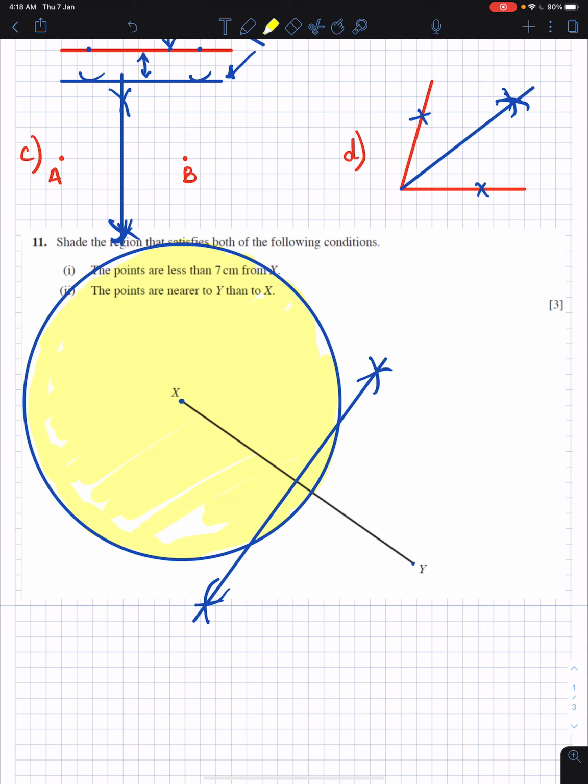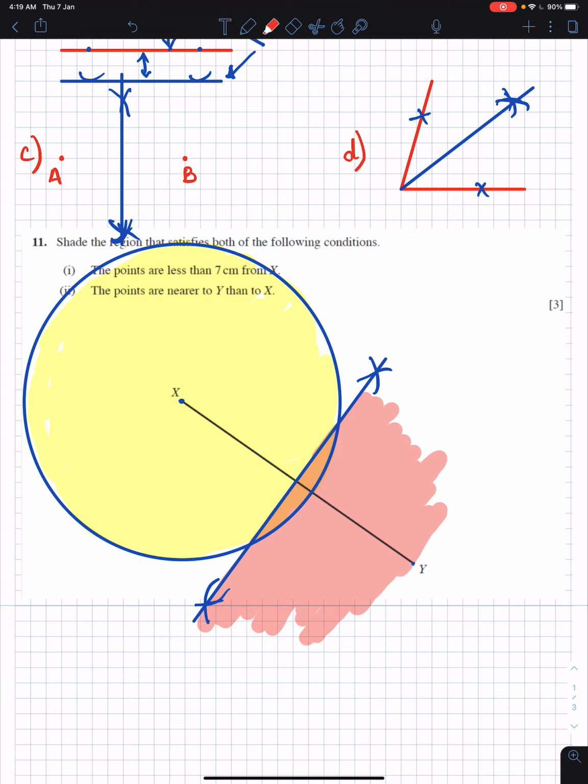Now secondly, you're also told that your points are nearer to y than x. Then we drew another line and our point is nearer to y. This is y. So our point should be nearer to y than x. The red region satisfies the second part of the question.